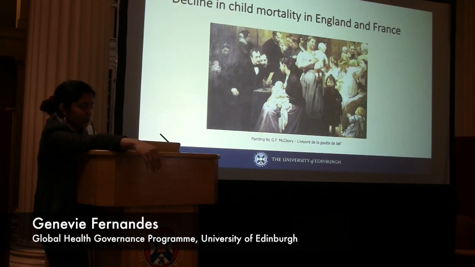And the second bit, goutte de lait, milk depots, was mainly targeted at women who weren't able to breastfeed their children because they were either working or had certain problems. So this concept picked up in England and Wales post 1900s. And these initiatives really helped to bring down infant mortality rates in both these countries, and they were picked up in other European countries as well.